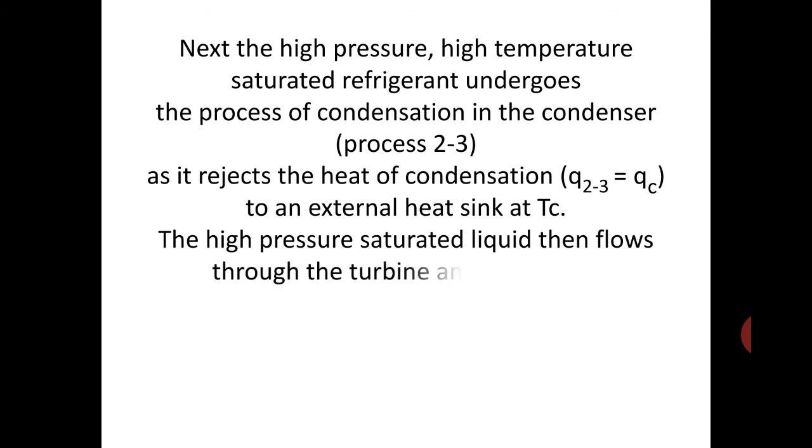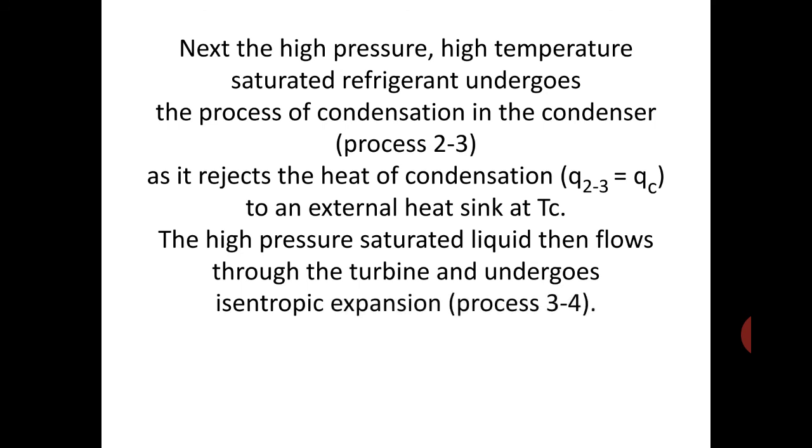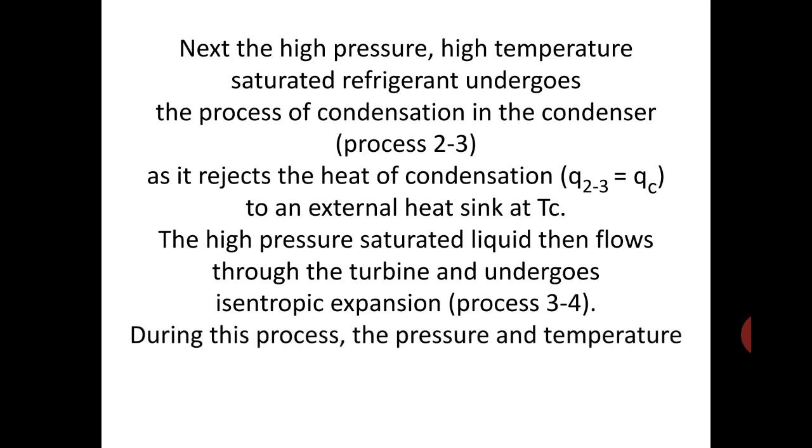The high pressure saturated liquid then flows through the turbine and undergoes isentropic expansion, process 3 4. During this process, the pressure and temperature fall from condenser pressure to evaporator pressure and condenser temperature to evaporator temperature, PC, TC to PE, TE.